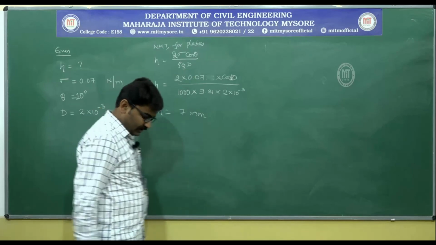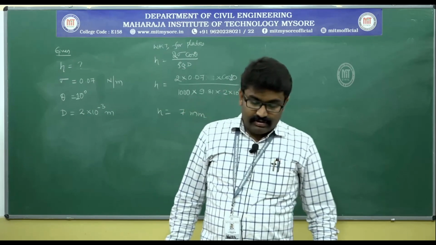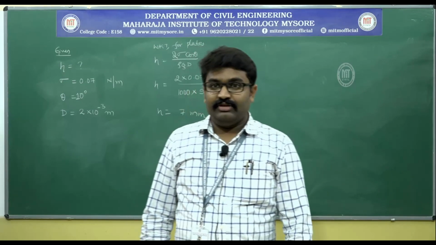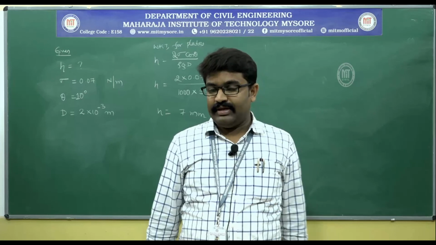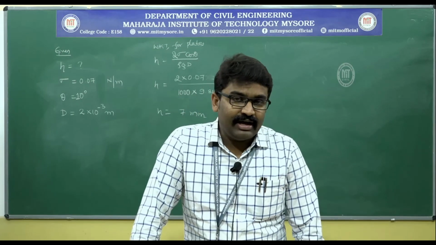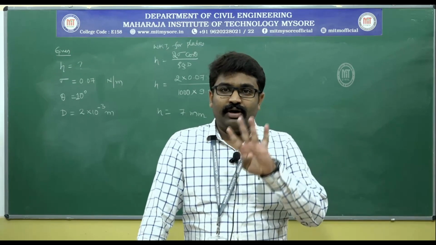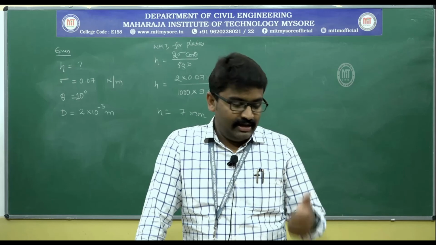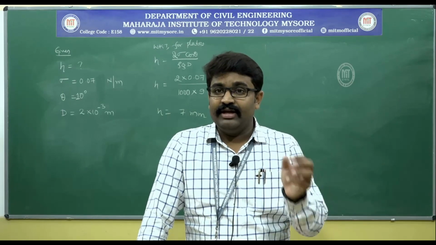So with this we complete the first chapter in the first module, which spoke about the entire basic properties of fluids. Just to have a recap before I wind up this class, you learned about the most important 4 basic properties, that are specific mass, specific weight, specific volume and specific gravity.